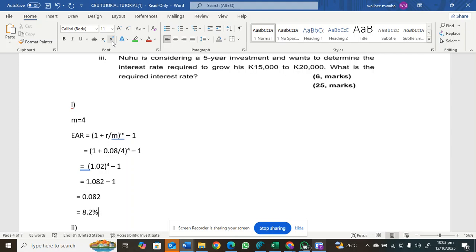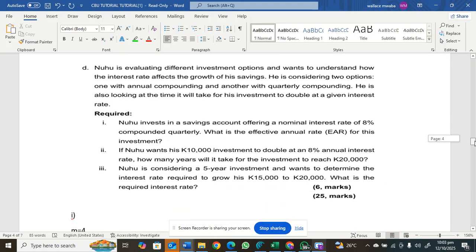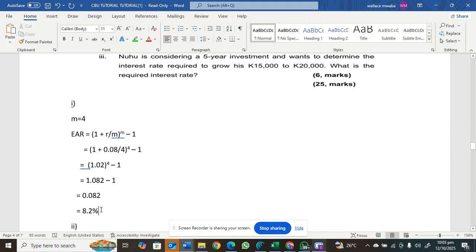All right. So after this 8% interest rate has been compounded quarterly, at the end of the year, the interest that you're getting is 8.2% from your savings account.